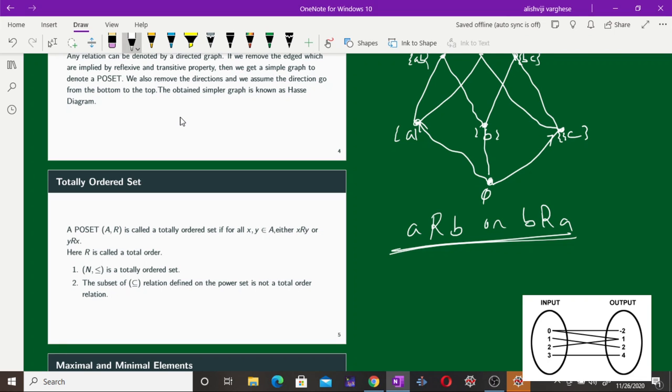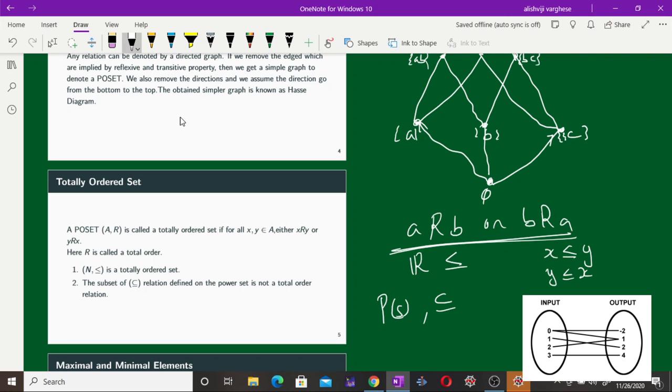The set of all real numbers together with the less than or equal to relation is a totally ordered set, because if you take any two real numbers x and y, either x is less than or equal to y or y is less than or equal to x. But if we consider the power set of S together with the subset-of relation, it is not a totally ordered set, because it is obvious here.